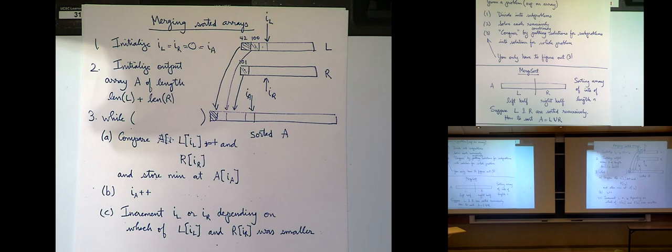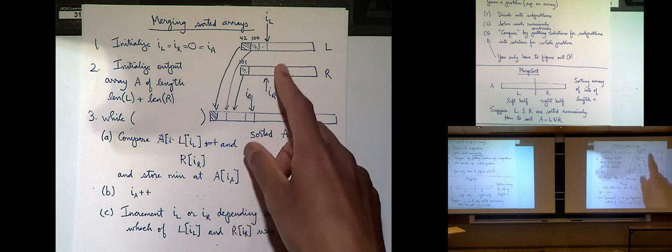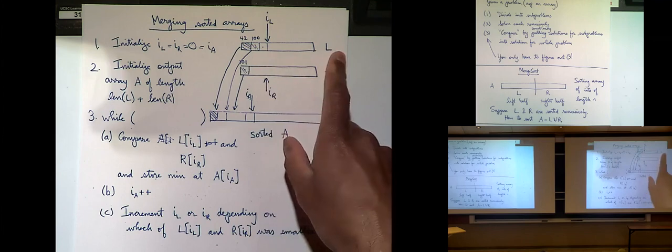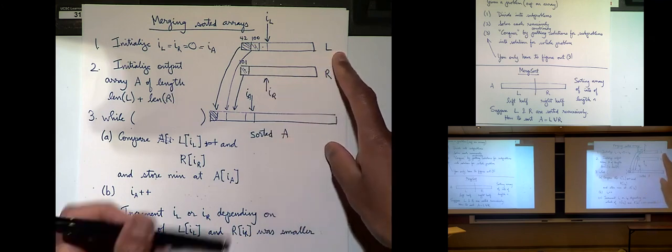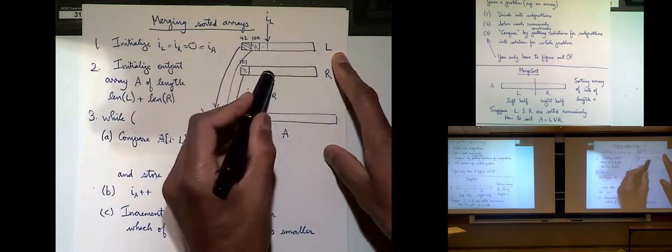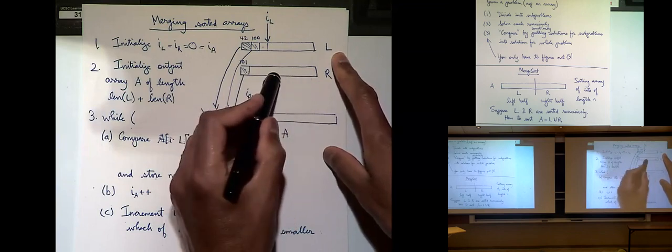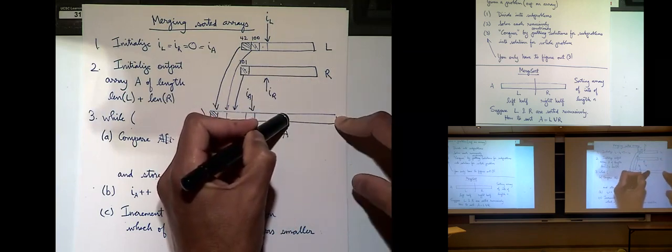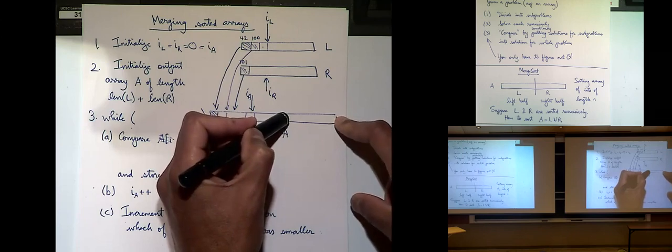It's going to keep running until one of these, IL or IR, hits the end. And then what happens? Yeah? Then you just copy whatever is left, right? So if IL finishes and IR still has elements left, all of these elements must be more than the elements in L. So you just copy all of that to the end. Does that make sense?